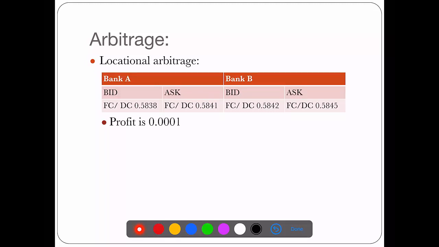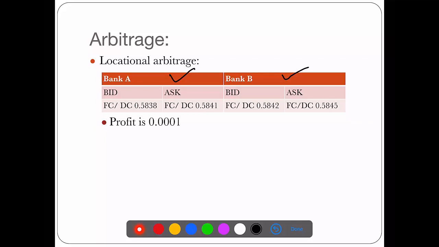Now let's suppose there are two banks, Bank A and Bank B, and there is a foreign currency and the domestic currency. You need to buy 1 unit of the foreign currency, and the exchange rate is quoted in such a way that you need to pay 0.5838 domestic currency per unit of the foreign currency.